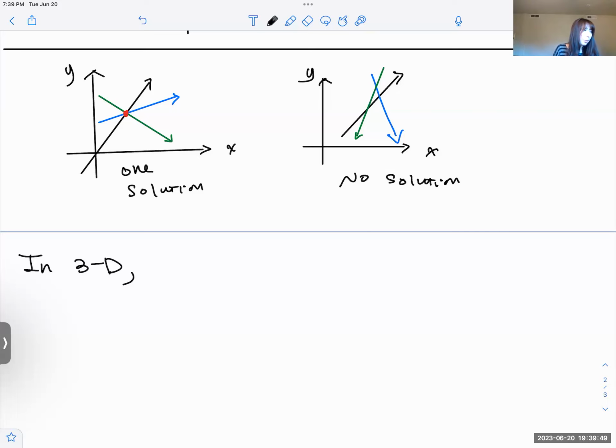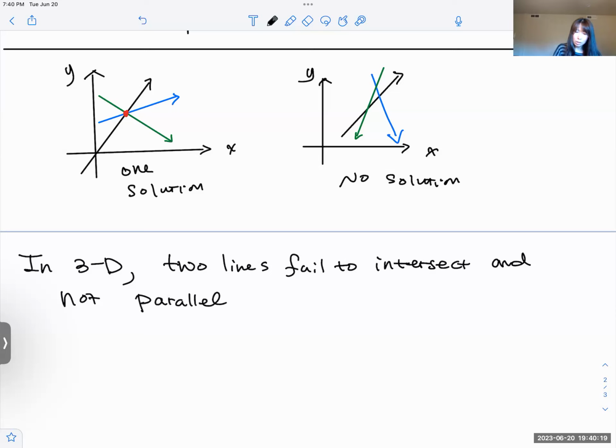So two lines fail to intersect and are not parallel. So we have this one, skewed lines.